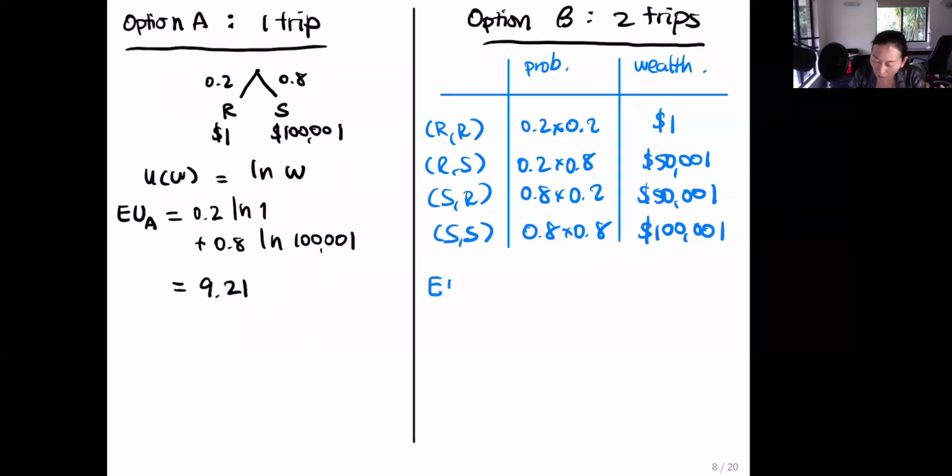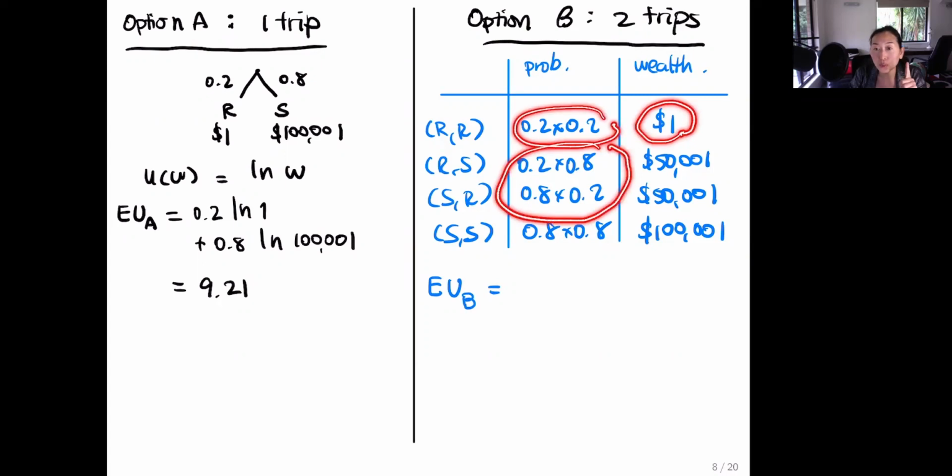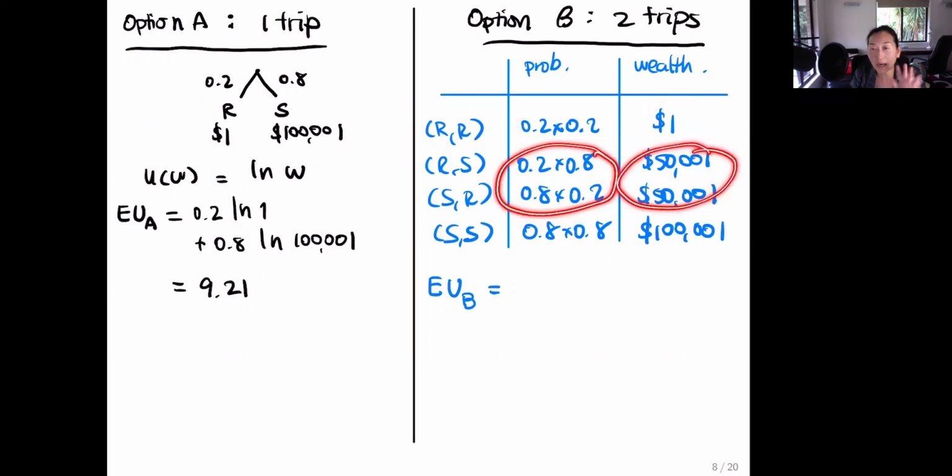And now next you compute the expected utility of this option B, carrying 2 trips, right? That would be 0.2 squared times log of 1, plus 0.2 times 0.8 twice, times log of 50,001, right? Because these 2 numbers are the same, so you can just combine them together, because it's the same wealth. Or you can do it separately, it's going to give you the same answer anyway.